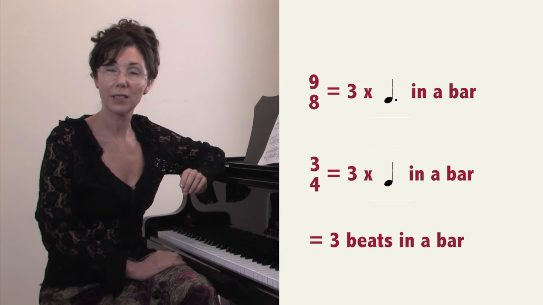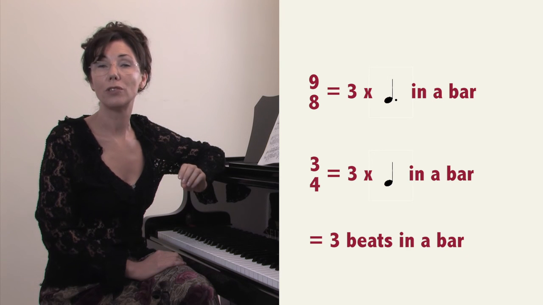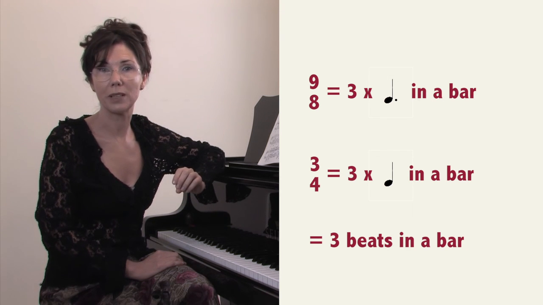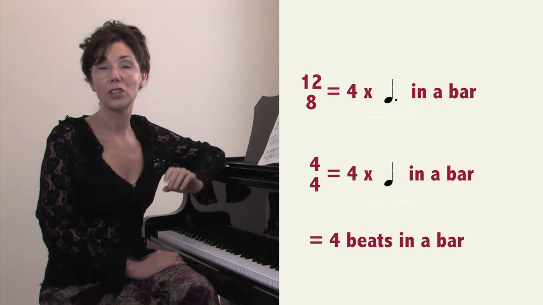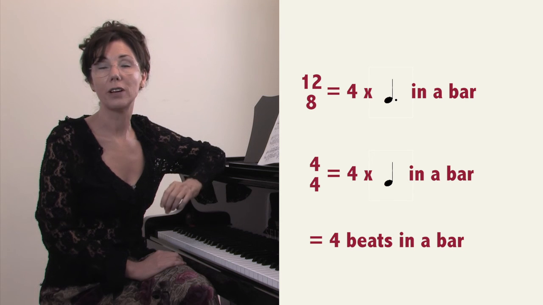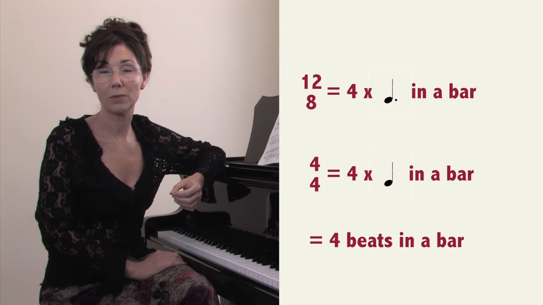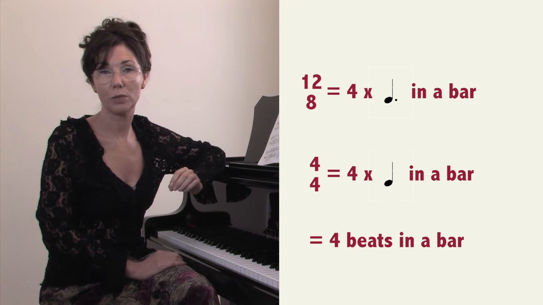Your 9/8 in compound time, which is 3 dotted crochet beats in a bar, will relate very easily to your simple time of 3 crochet beats in a bar. Your 12/8 time signatures, which have 4 dotted crochet beats in a bar, will relate very easily to your 4/4 time signature in simple time, which is 4 crochet beats in a bar.